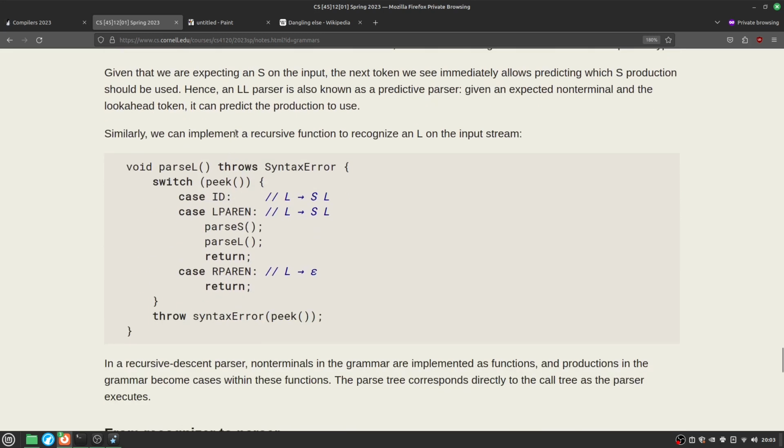Similarly, we can implement a recursive function to recognize an L on the input stream. Parse L. Switch on the next token.